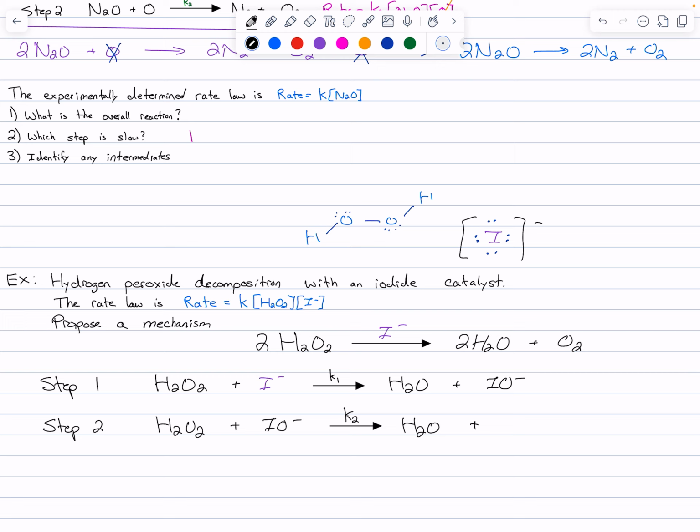Well, maybe we would just get O2 and I minus. Maybe we'll do that. And so I minus, I'll put that in purple for a catalyst. Then we're going to highlight this one. And would this work? Well, if I add them up, I get our reaction. We have an intermediate here.